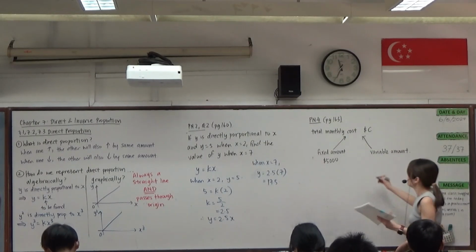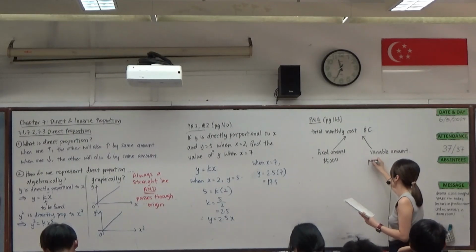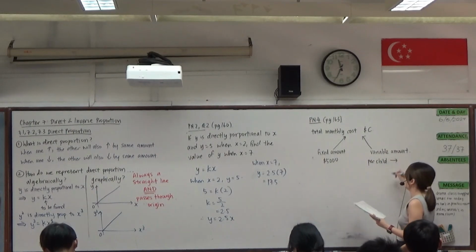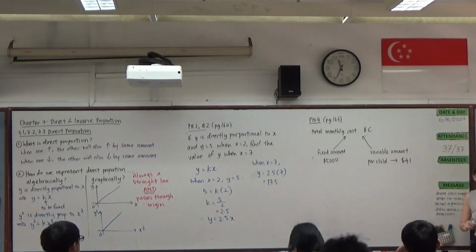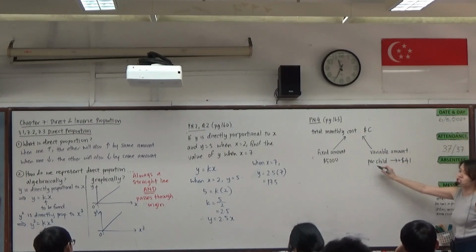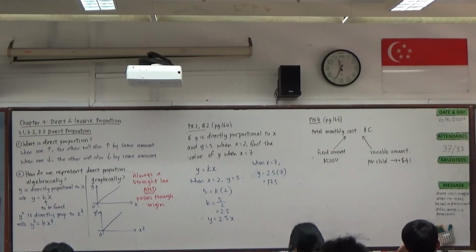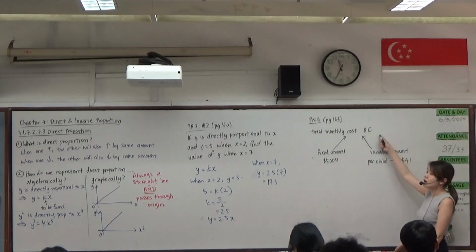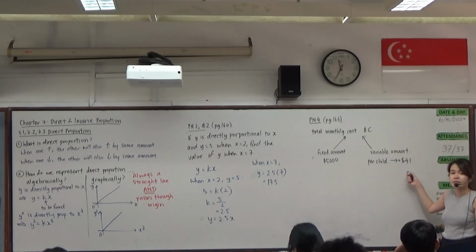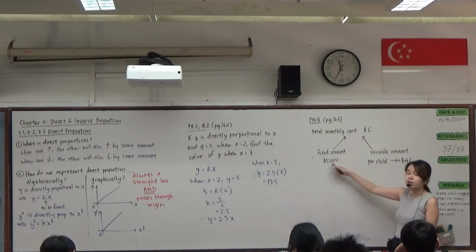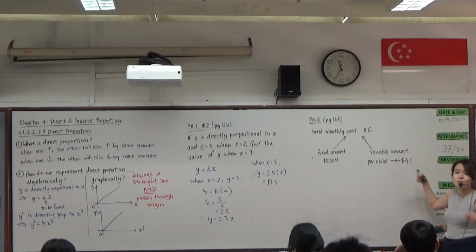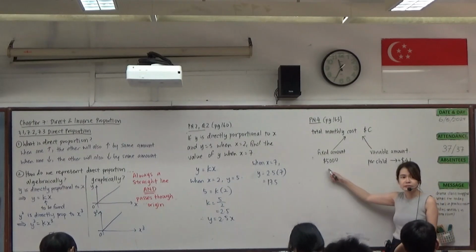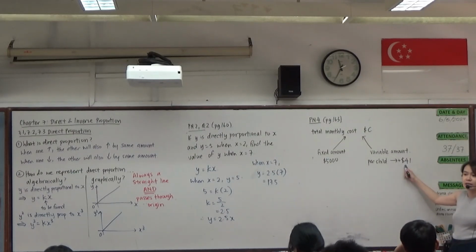Where it says that for every child, it will contribute to the cost by an increment of $41. So we will have to add $41 per child. If it is one child, your total monthly cost will be $5,000 plus 41. If it is two children, it will be $5,000 plus 2 times 41. If there are 1,000 children, it will be 5,000 plus 1,000 times 41. You get the idea? That is the total monthly cost.